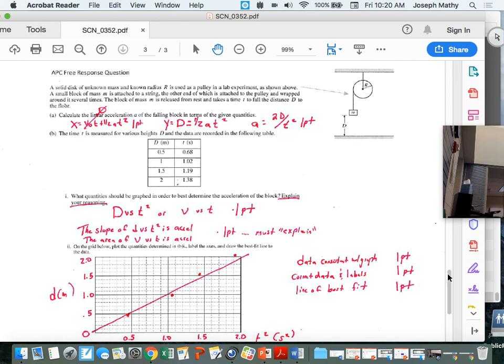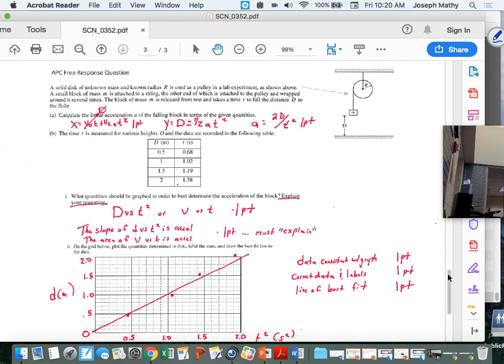So, people, I'm an AP Physics C and an AP Physics 1 grader. And here's the way you have to solve these problems to get maximum points. It says calculate the linear acceleration A of the falling block in terms of the given quantities. Okay?